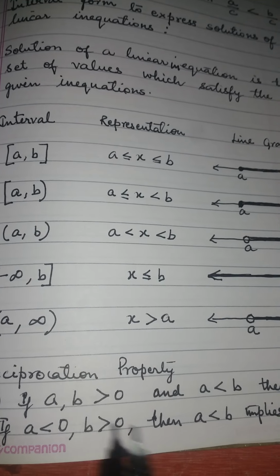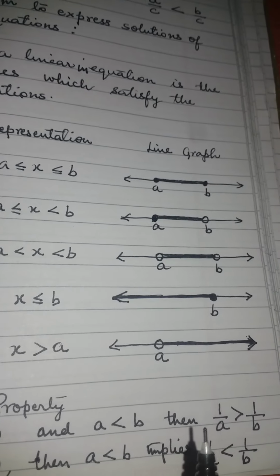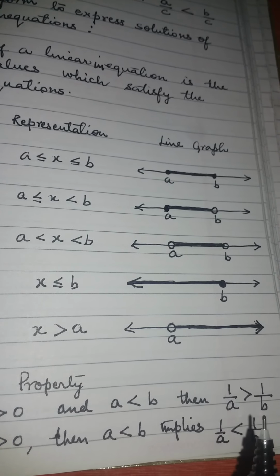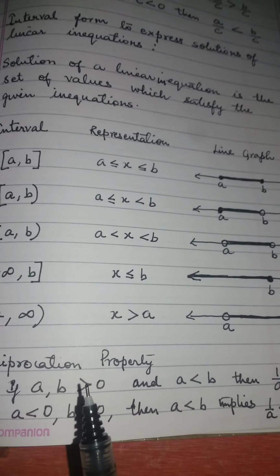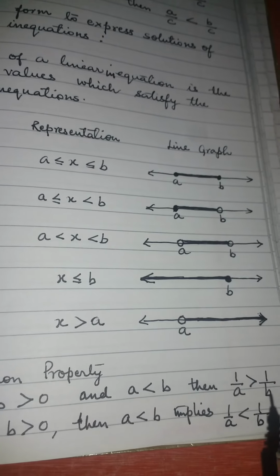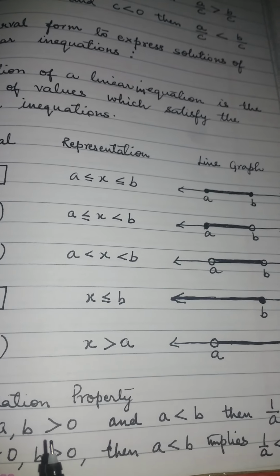So there are two conditions given: a and b are positive and a is less than b. Then 1 upon a will be greater than 1 upon b. That means when both the numbers are positive we have 1 upon a greater than 1 upon b, and the same rule follows when both the numbers are negative also.